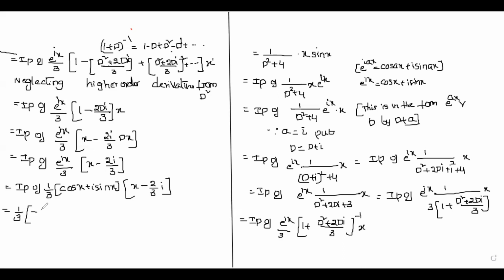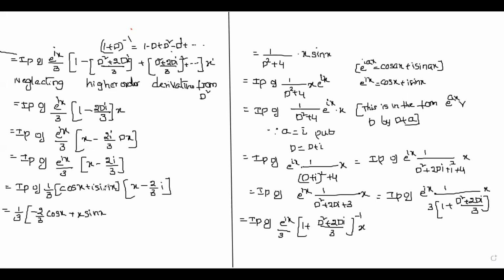So take this term, minus 2 by 3 cos x. Next, plus i sin x into x, this will also be the imaginary part, so plus x sin x. And i sin x times minus 2 by 3 i gives i into i, which becomes i square, replaced as minus 1, so it comes under the real part.